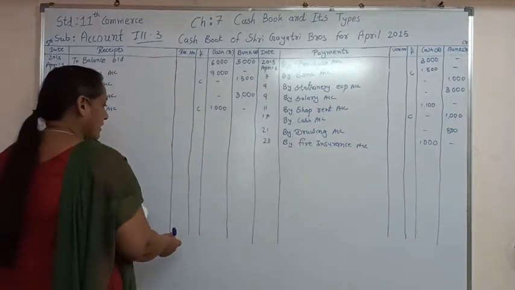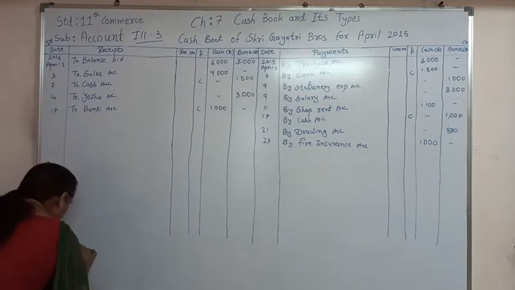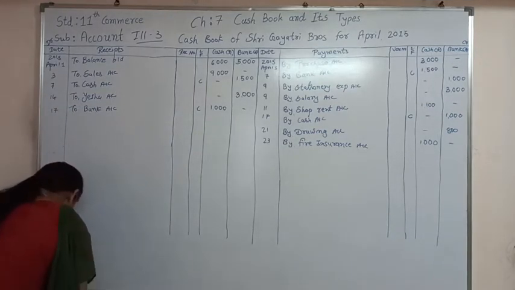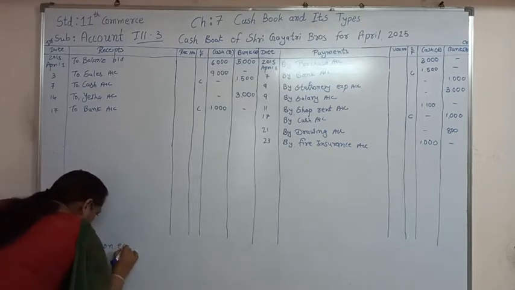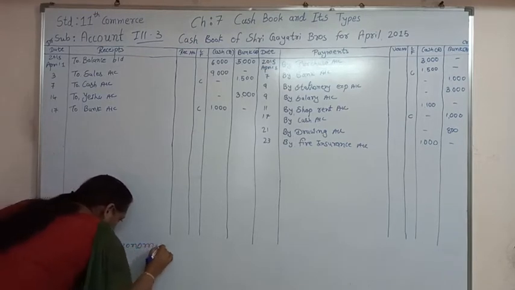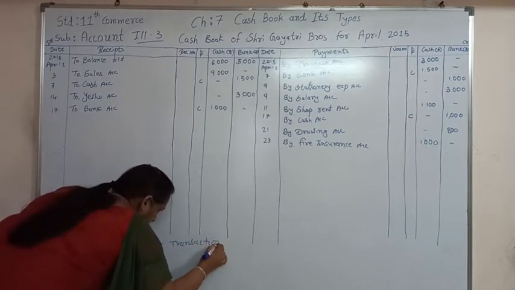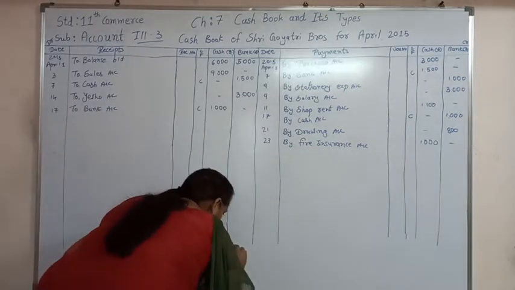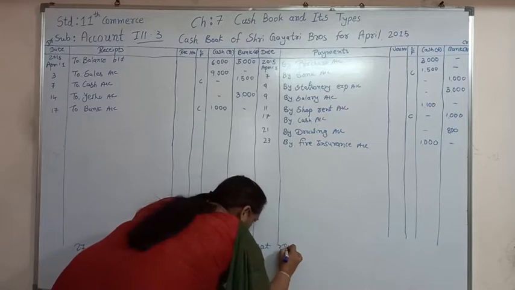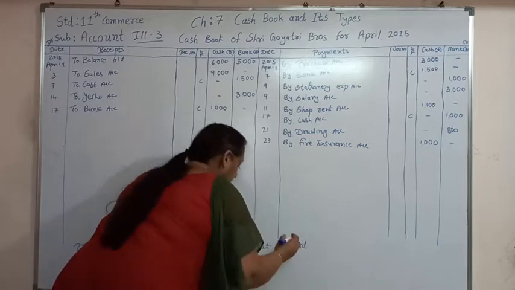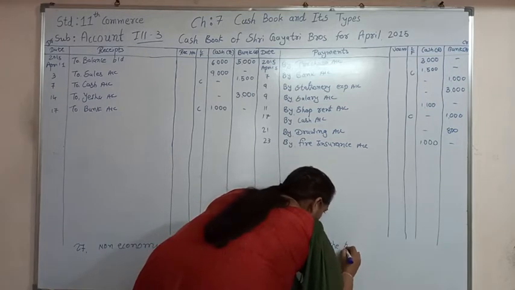So here on the downside we are going to write that date number 27 is a non-economic transaction, will not be recorded in the books of account.